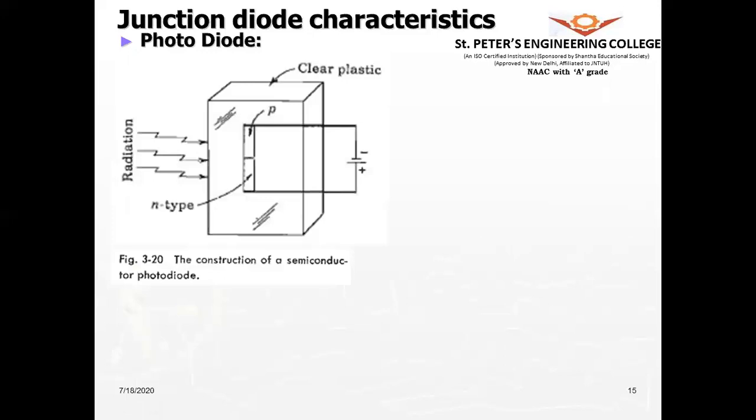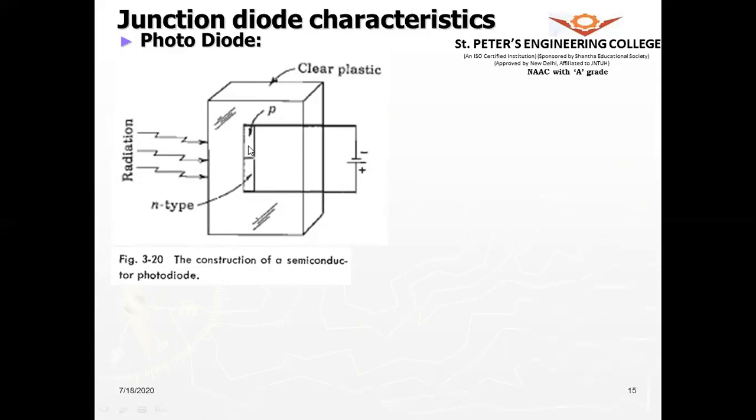Next type of diode is the photodiode. The photodiode is sensitive to light. The light radiation is made to fall on the junction by using some clear plastic that will allow focusing the incident radiation onto the junction.